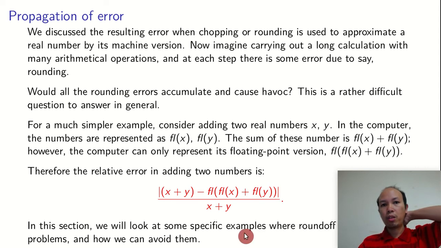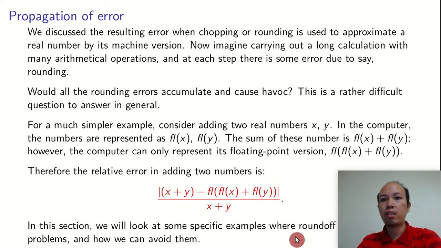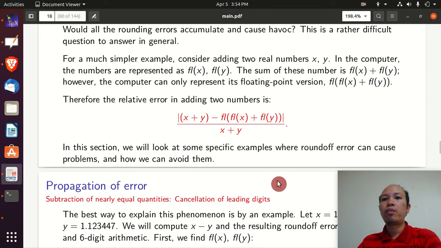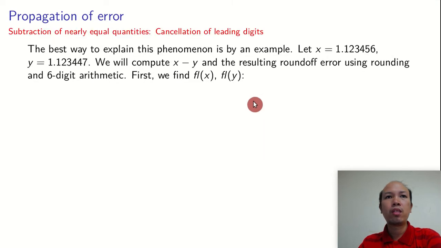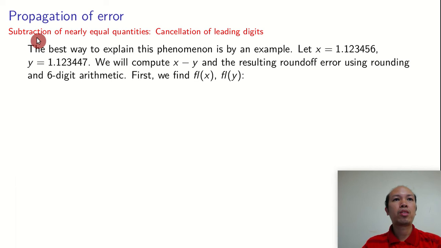In this section we will look at some specific examples where round-off error can cause problems and how we can avoid those errors. For example, subtraction of nearly equal quantities, almost equal, very close. In this case we have cancellation of leading digits.